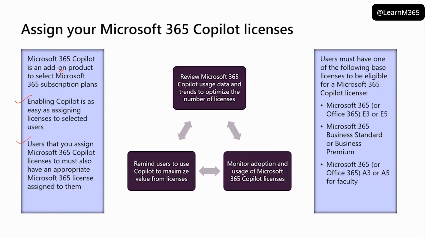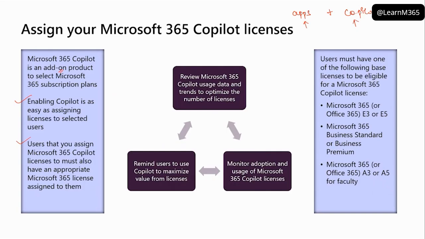Users that you assign Microsoft 365 Copilot licenses to must also have an appropriate Microsoft 365 license assigned to them, of course, because we are going to use Copilot with Microsoft 365 applications. With the help of the add-on, we will have access to Copilot. But where do these applications come into the picture?